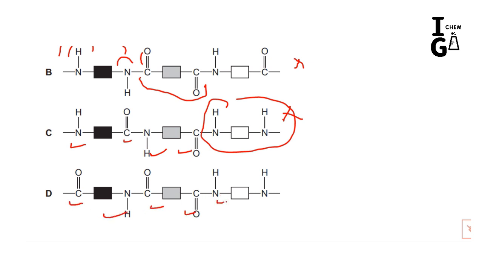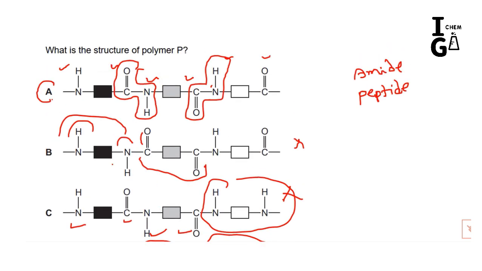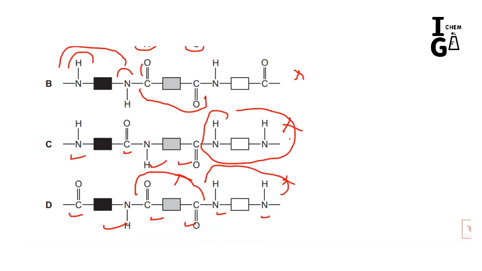And here we have amine and this is amine. So also here we have a problem, because this is diamine and this is also dicarboxylic. Also here 2 monomers are not correct. So the first one is the correct answer, because every monomer is composed of 1 amine terminal and 1 carboxylic group terminal.